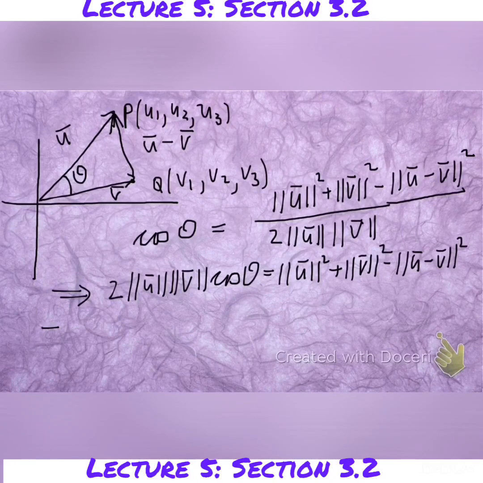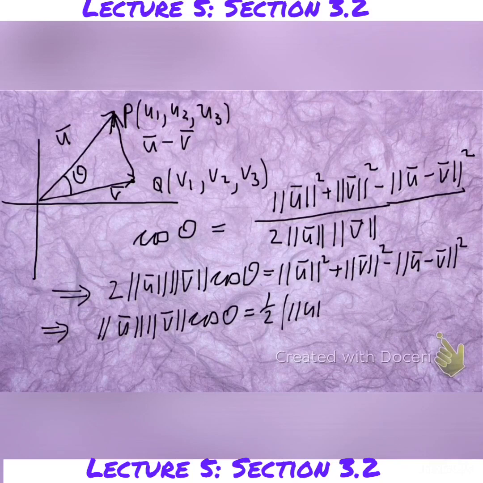And from there you can now just solve this expression here. So I'm going to get an expression for the norm of u times the norm of v times cos theta, and that is just a half of this whole expression.